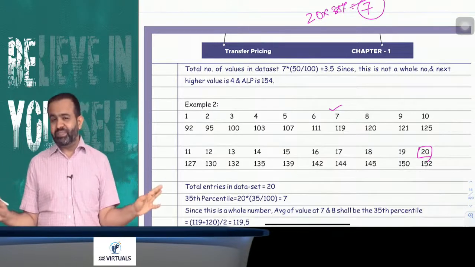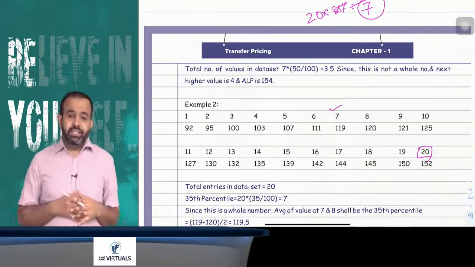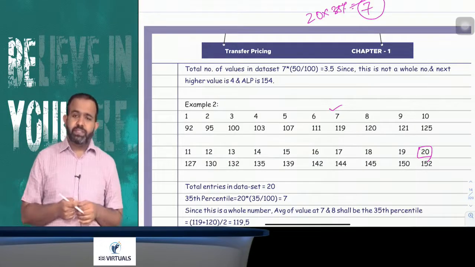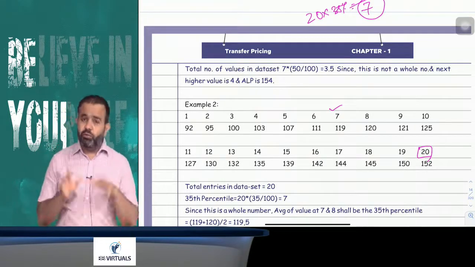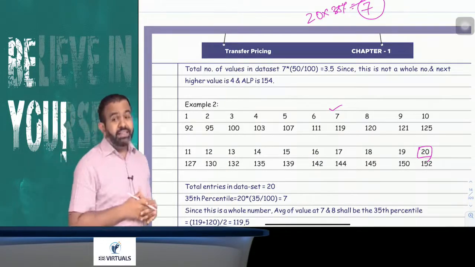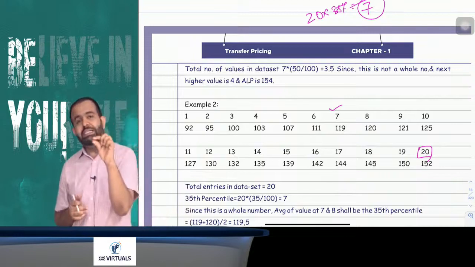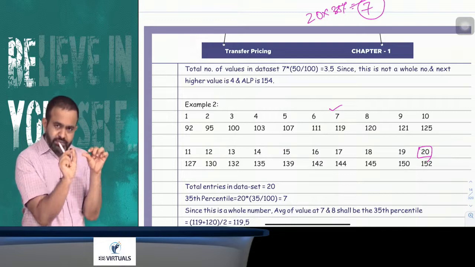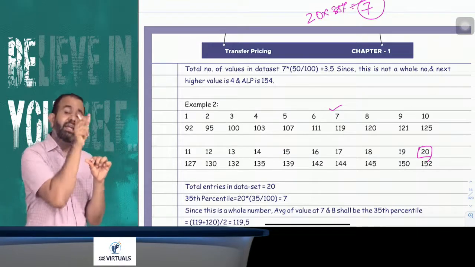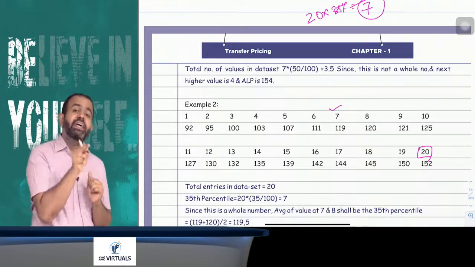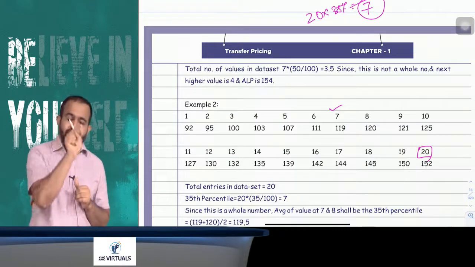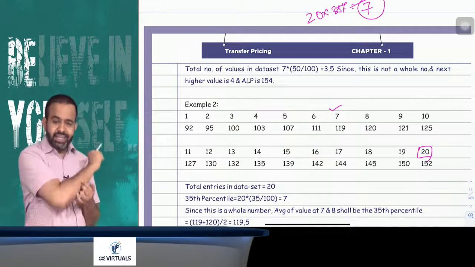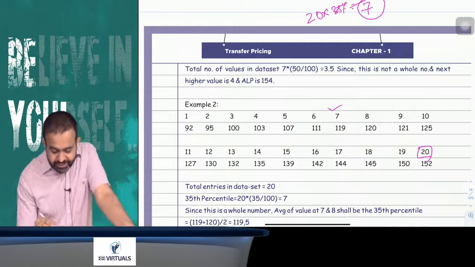It's not like that. Whenever for the 35 percentile, 65 percentile, or 50 percentile you get a whole number, in that case you have to consider the average of the value given against that number and the next number. So here it is 7.